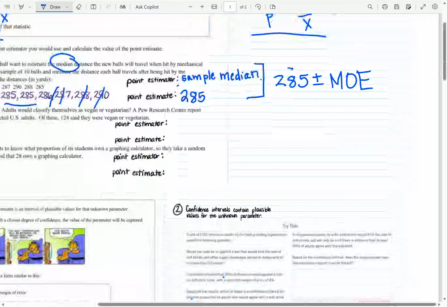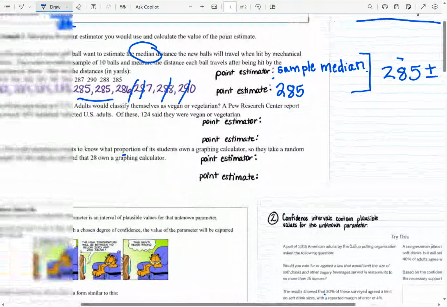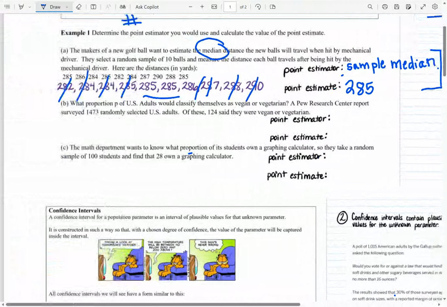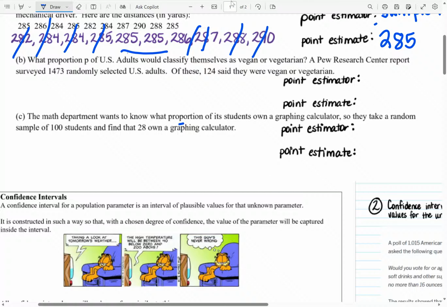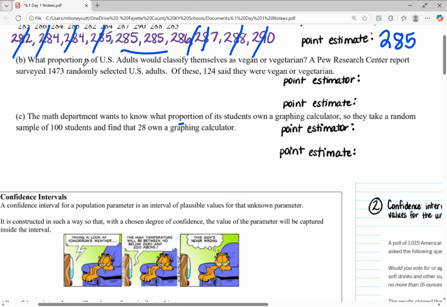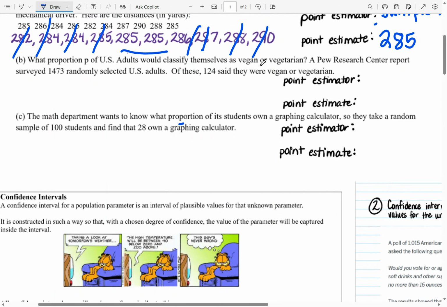So let's go back to our point estimate. Part B: what proportion of U.S. adults would classify themselves as vegan or vegetarian? That's what we're trying to estimate. We are interested in the population proportion, the percentage of U.S. adults who would classify themselves as vegan or vegetarian. A Pew Research Center report surveyed 1,473 randomly selected U.S. adults, and of these, 124 said that they were vegan or vegetarian.